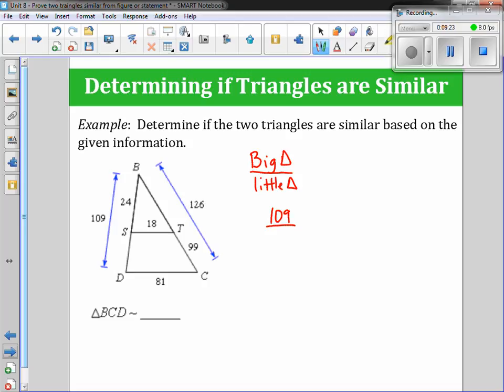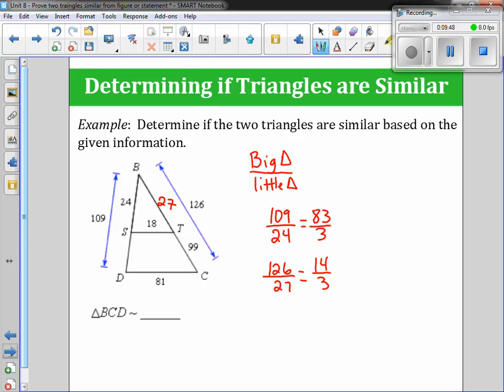In my little triangle, I have side 24. This simplifies to 83/3. Next, I'm going to go to the other side and have 126 compared to, oh, I'm missing that value, so I need to subtract 126 from 99, which gives me 27. And when I simplify this, I get 14/3.